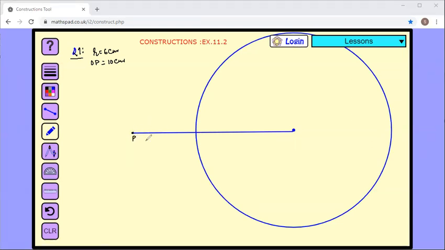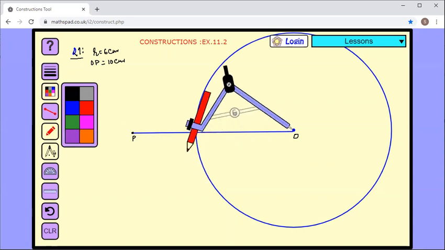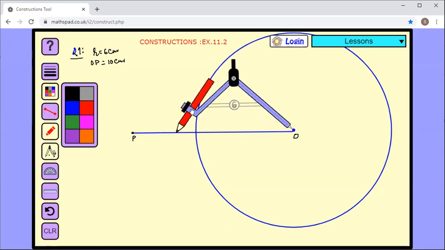Now from this point P we will draw perpendicular bisector of this line OP. So we will again take compass, and to draw the perpendicular bisector we have to open the compass more than half of the distance OP, more than half of OP, lock it, and now the radius should not change.